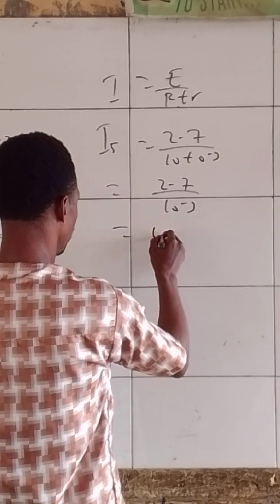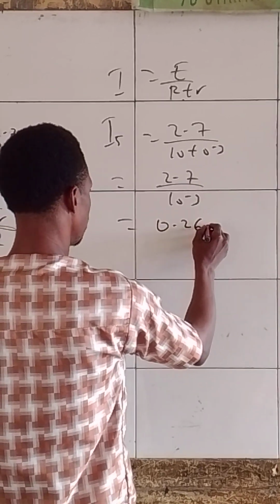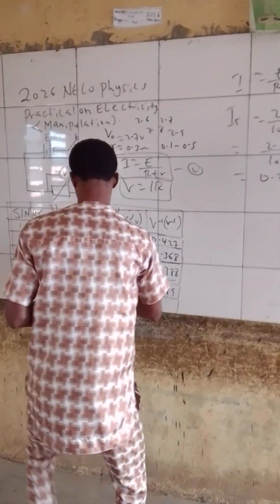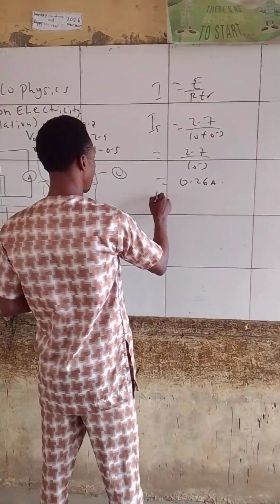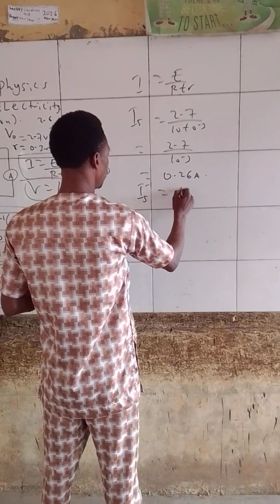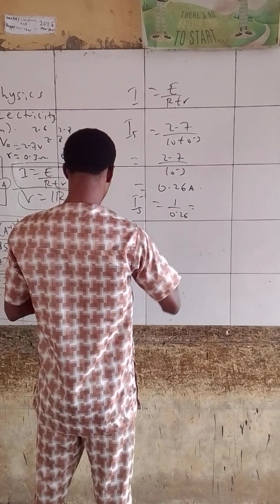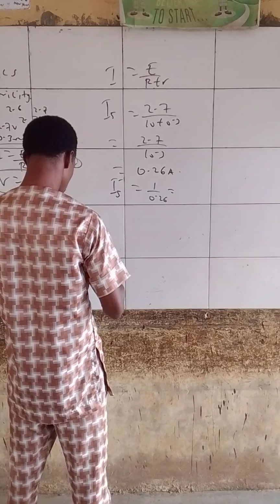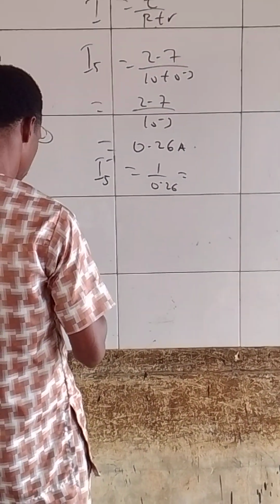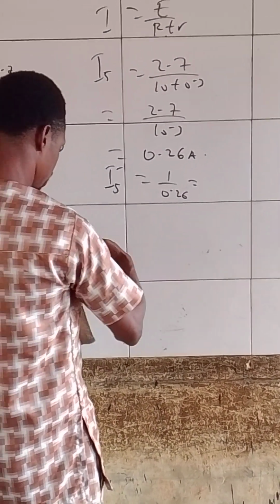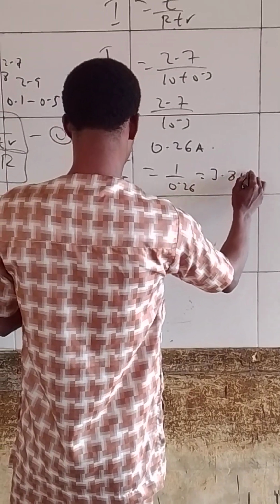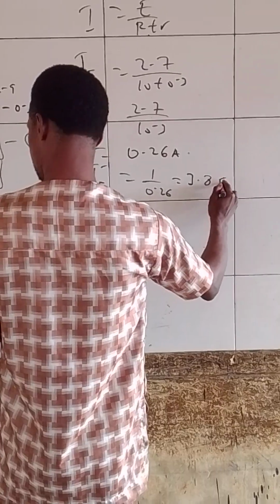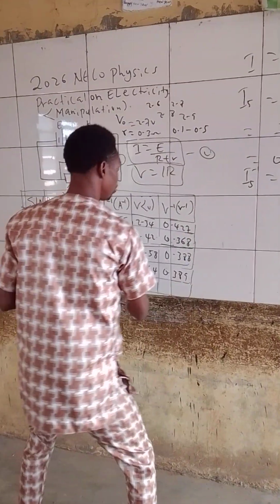That gives me 0.26 ampere. Now I'll find my inverse: 1 over 0.26, which is 1 divided by 0.26. That gives me 3.85.